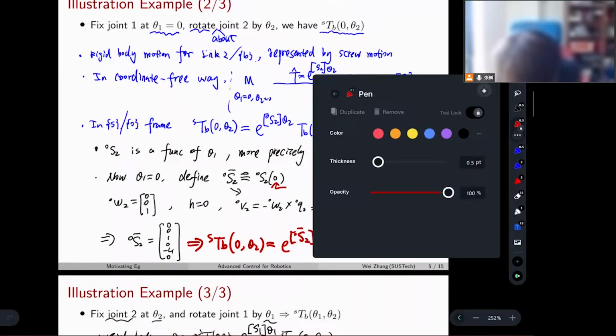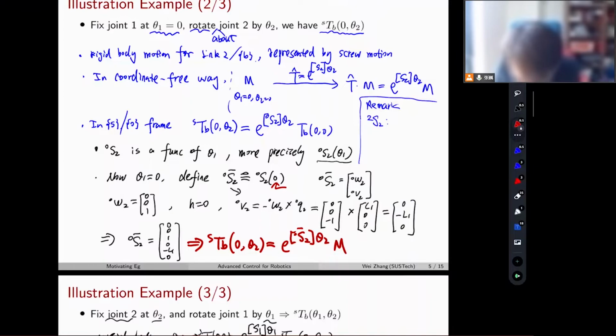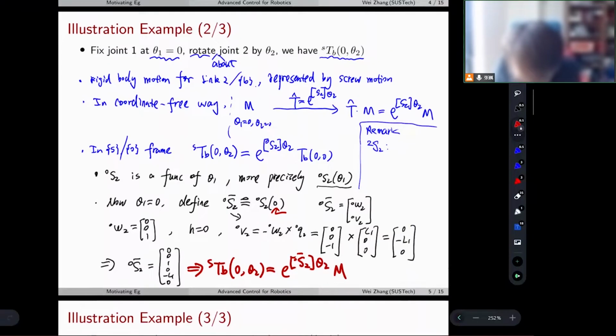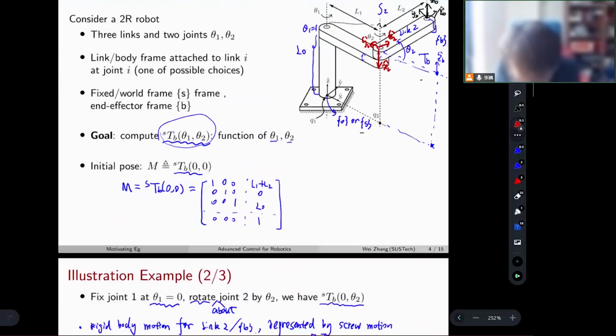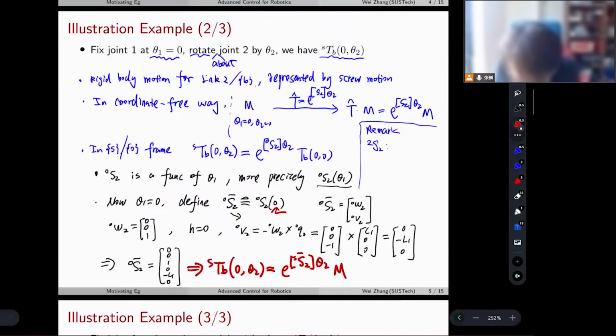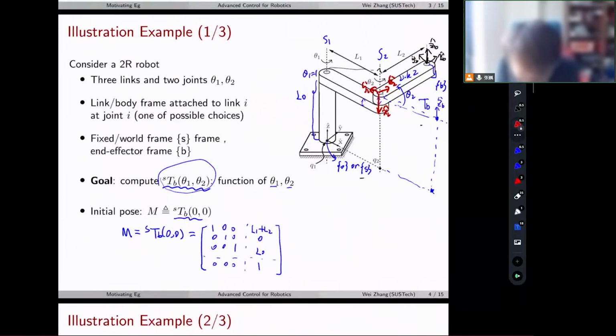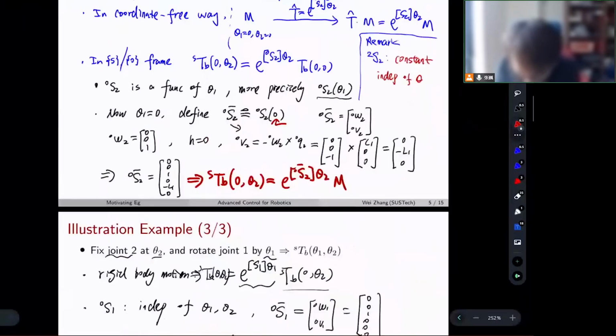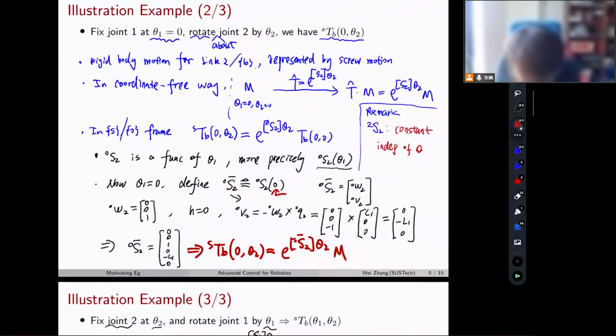Neither. It's a constant, independent of theta. No matter what theta 1 and theta 2 you choose, this screw axis S2 does not change.